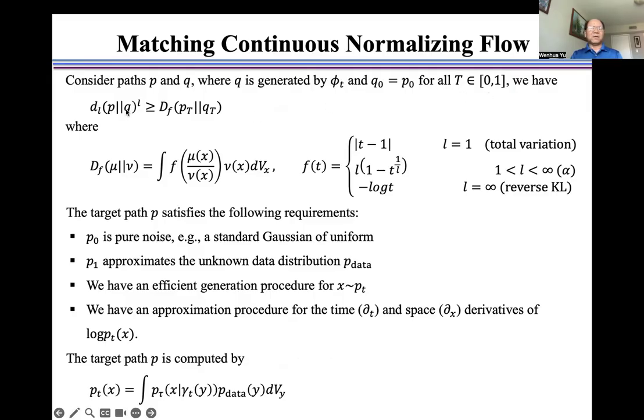We have this bounded equation, where d_f is calculated from this integral, and f_t takes 3 formulations in 3 conditions. The target path P satisfies the following requirements.